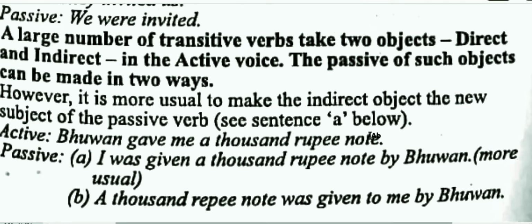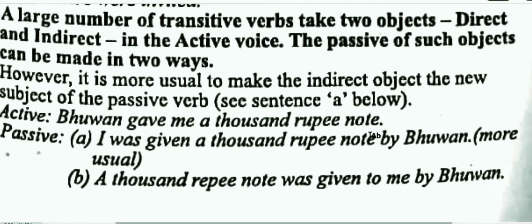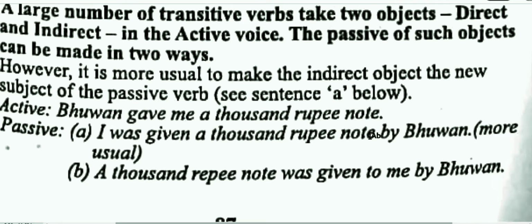In that active voice, the passive of such objects can be made in two ways. If there are two objects, then which object do we use in the position of subject in passive voice?